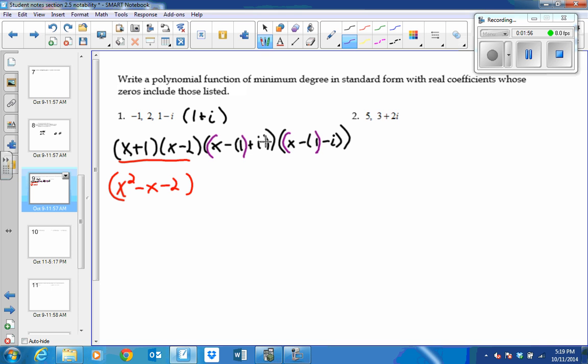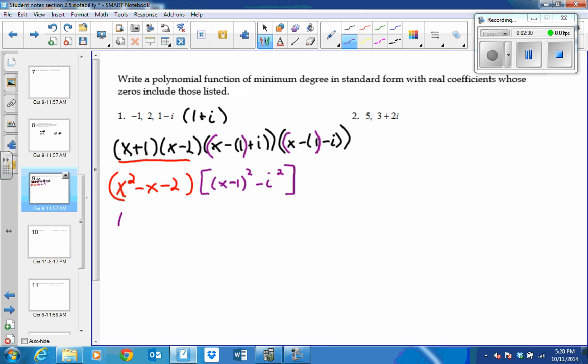These two trinomials are actually conjugates of each other, so when I multiply them out, I can basically say this is going to be the first term times the first term, x minus 1 squared. And then the middle terms would cancel out. If you took x minus 1 times negative i and x minus 1 times positive i, those would cancel out, but then we'll end up with minus the last term squared. That just makes it slightly easier for me.